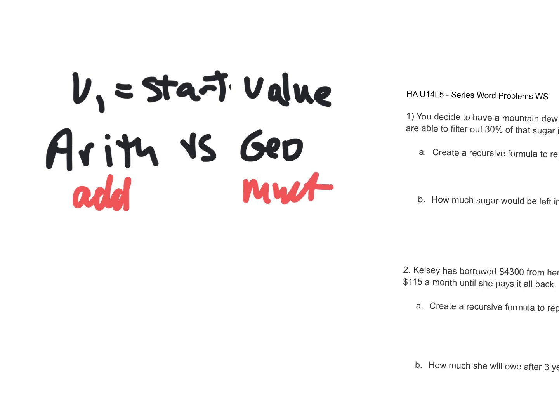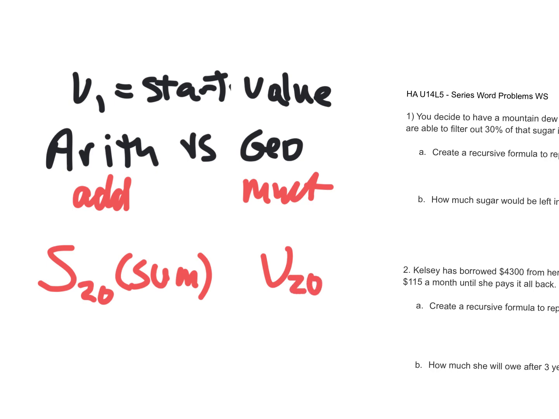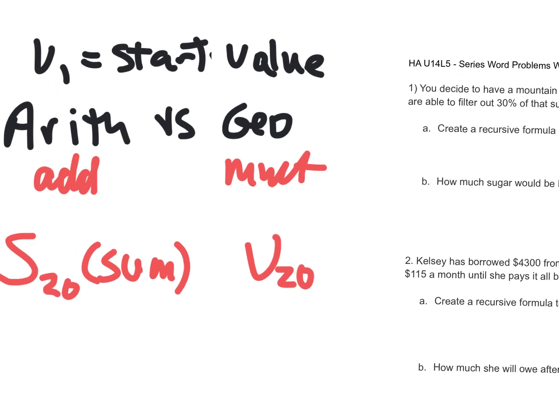All right. The next thing you got to figure out is, is this an S sub 20, which would mean sum, or a U sub 20 kind of question, which would mean the 20th term? Sometimes they're going to ask you, what's the 20th number in this list?